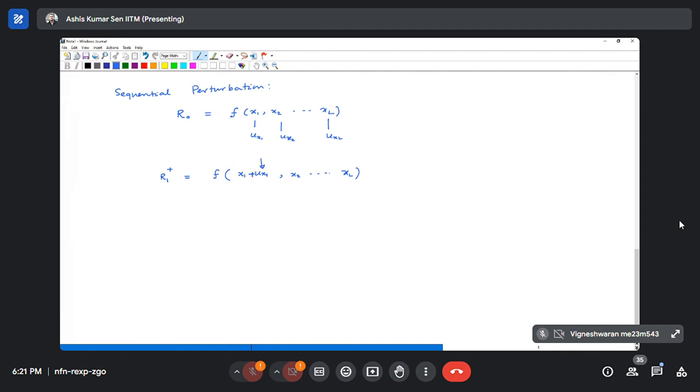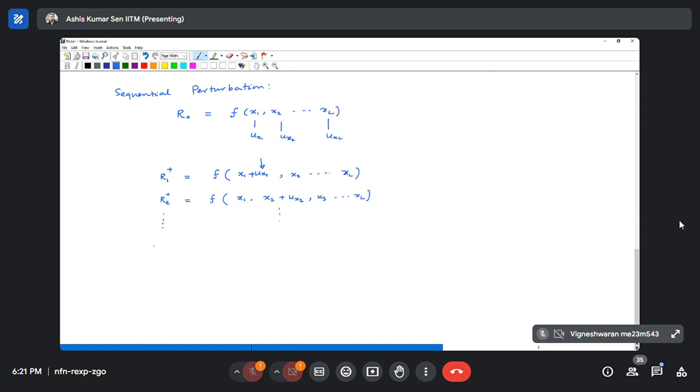Why is it called sequential perturbation? Because one by one we will perturb the variables. Then I go to R2 plus. R2 plus will be a function of x1, now x2 plus Ux2, x3 up to xL. Now similarly I can write R3 plus, only x3 will be perturbed.